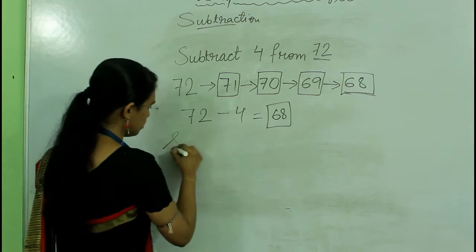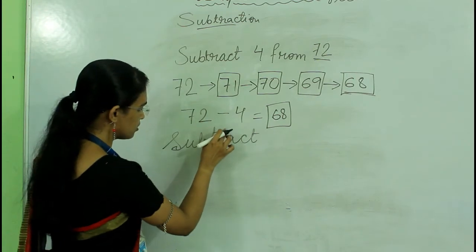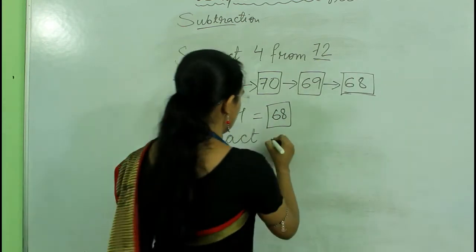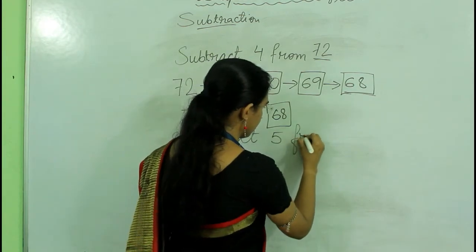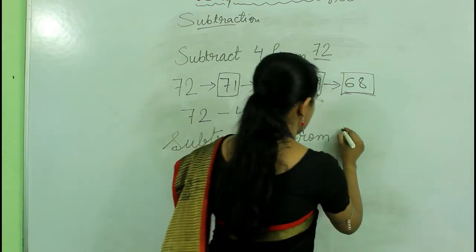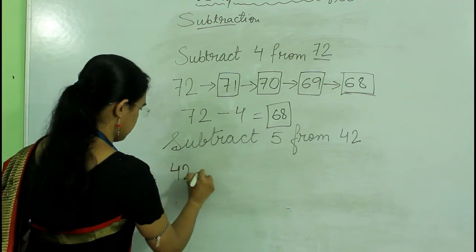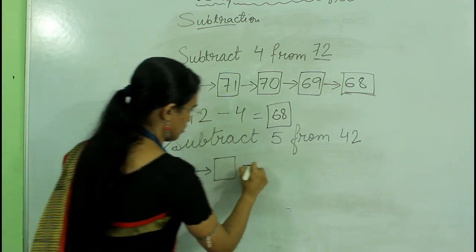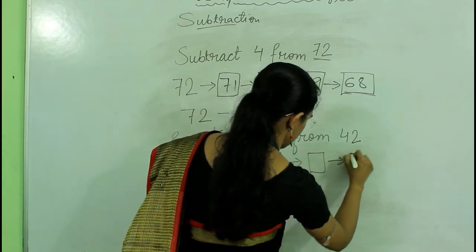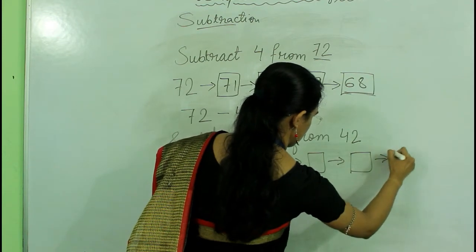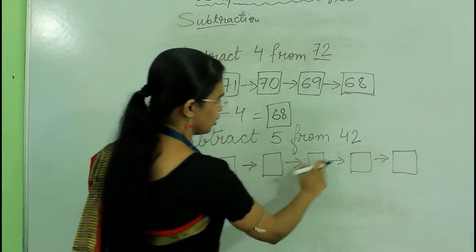Okay, another question. Subtract 5 from 42. So how many boxes do we have here? 5 boxes. 1, 2, 3, 4, 5. Why?